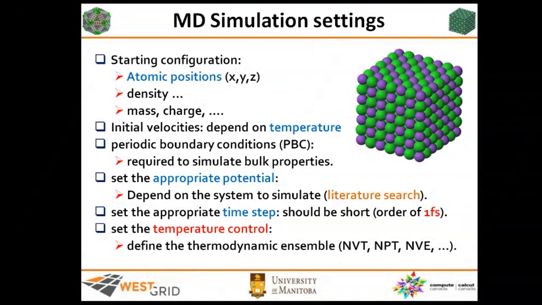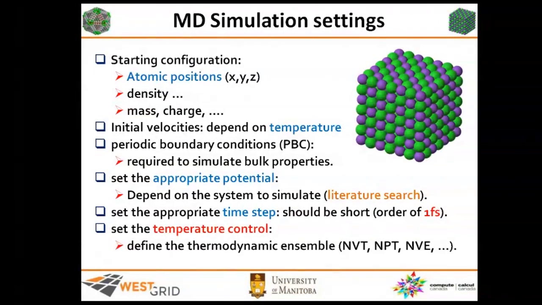For more complex systems there are many potentials. For example, if I'm interested in simulation of silica, there are more than 22 different potentials. So before starting to use any potential, you need to do some homework. You have to read some papers and see which potential is good for some properties and which isn't good for other properties.